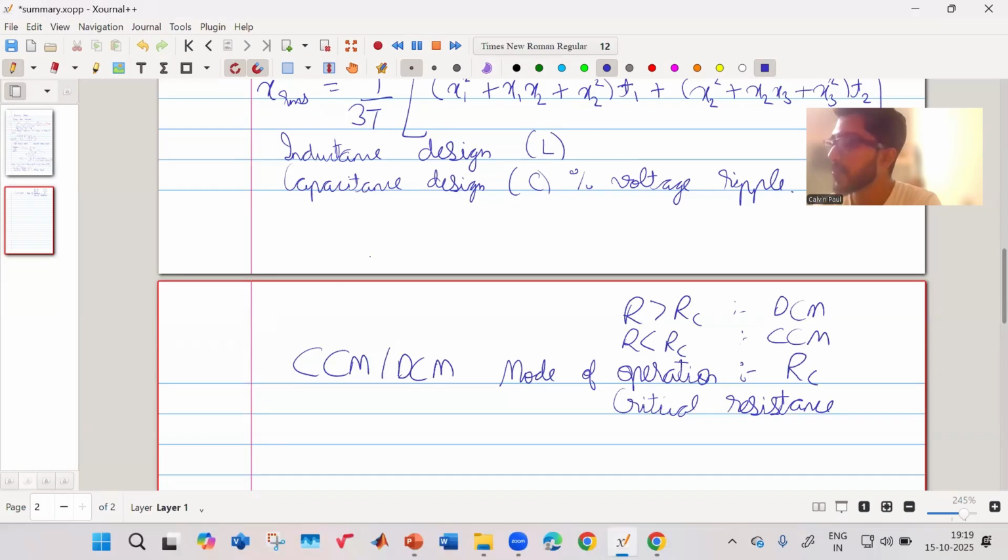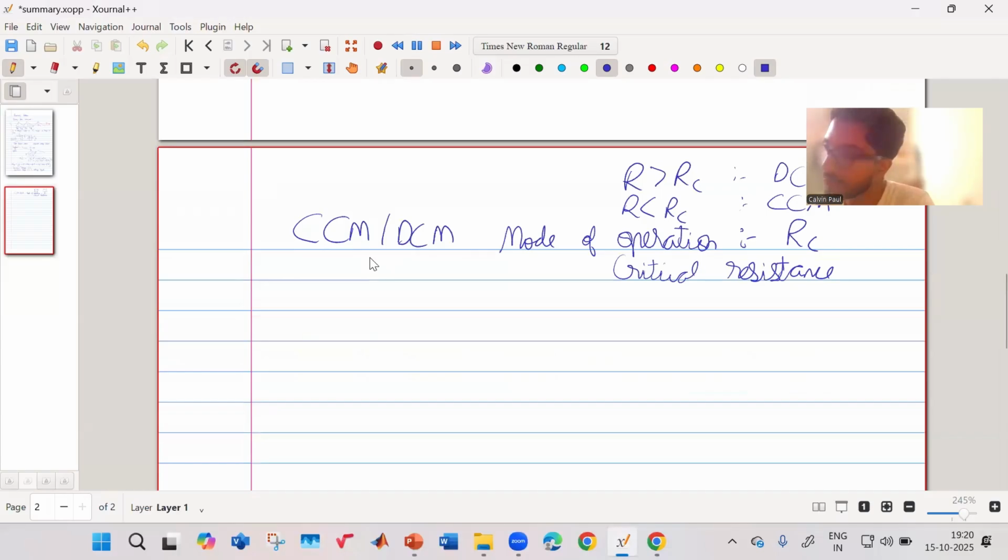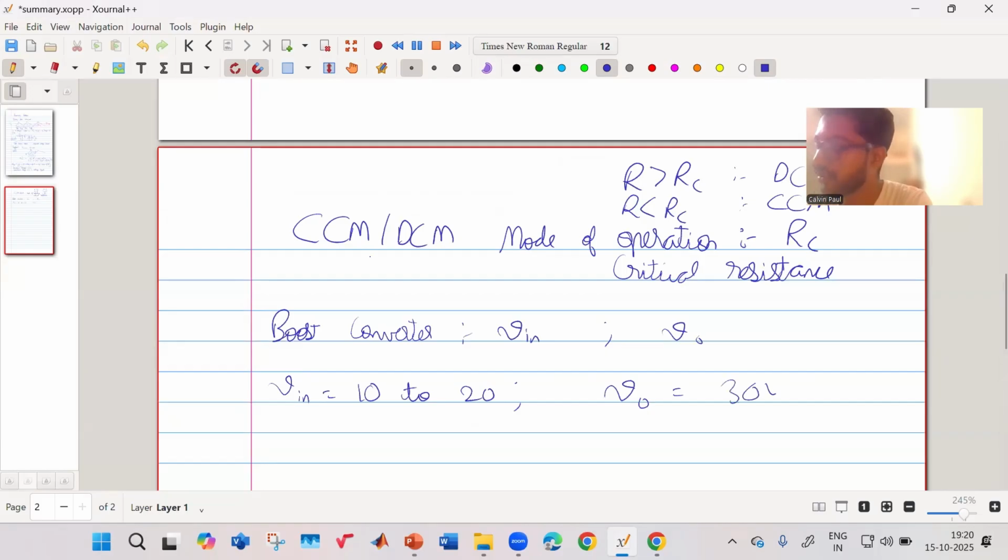Now, I have one question. You have a boost converter, assume. You have some input voltage, you have some output voltage. Let us take some numbers. Let us say your input voltage is between 10 to 20. Your output voltage, let us say it is 30 volt.